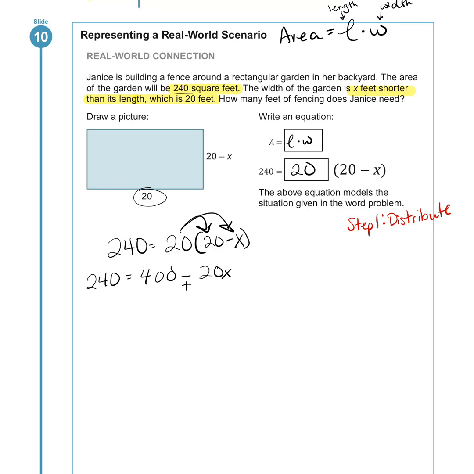Actually, this is an interesting case, because I have here my negative 20x and the 400. I can either move everything around so that this becomes a positive, or I can just move this 400 over.